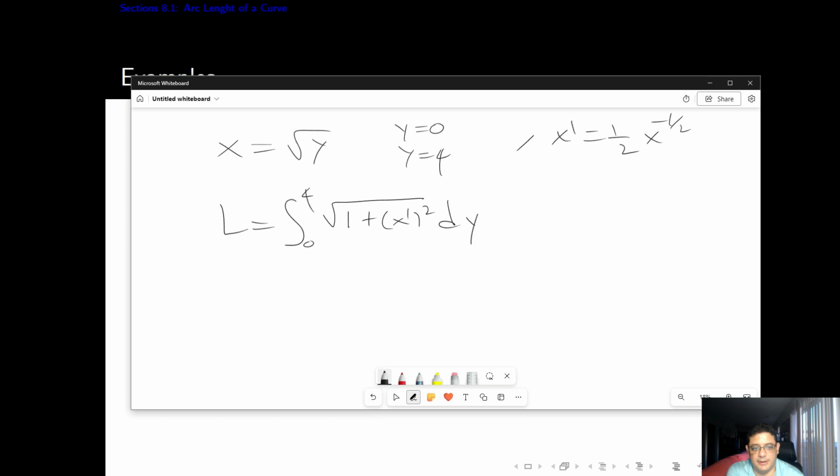Now x prime will be 1/2 y to the minus 1/2. And so when we plug this in here, this transforms into 1 over 4 y to the minus 1.